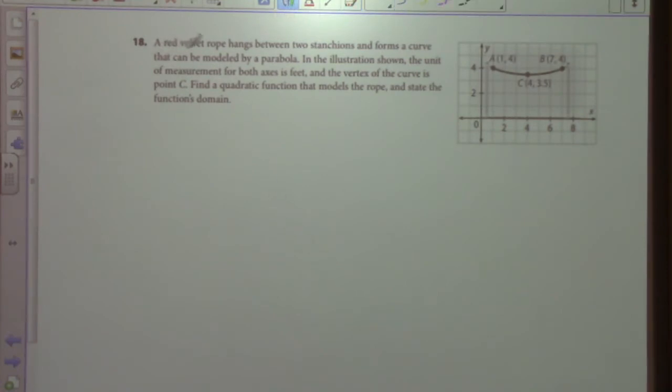Let's read this. A red velvet rope hangs between two stanchions and forms a curve that can be modeled by a parabola. So, what kind of function models a parabola? Let's look at this one.